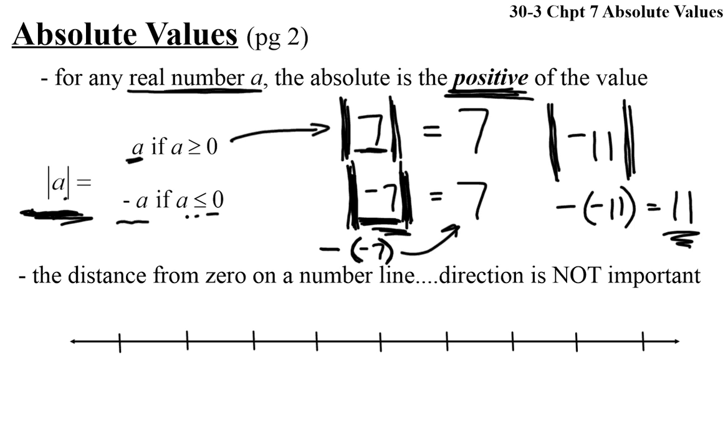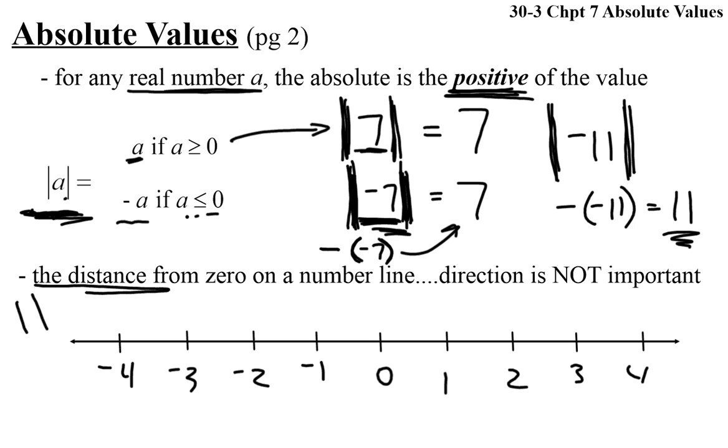Another way to think of it, which becomes quite popular, is a number line, which is always going positive to the right, negative to the left. An absolute is the distance from 0. I don't care which direction it's going. That's another way people describe absolutes. What's the distance of that line? Well, that line has a distance of 3.